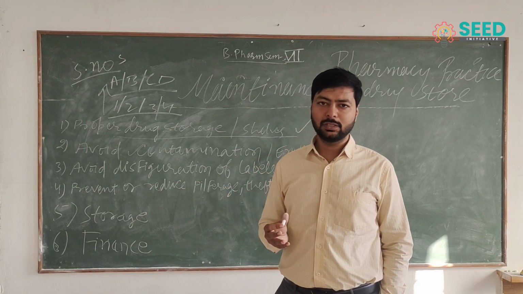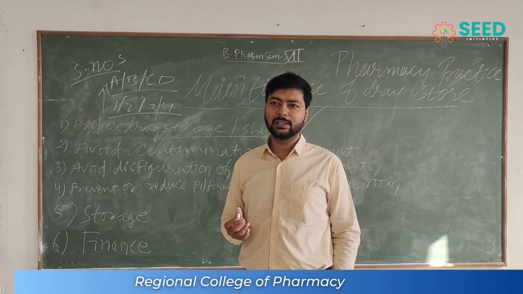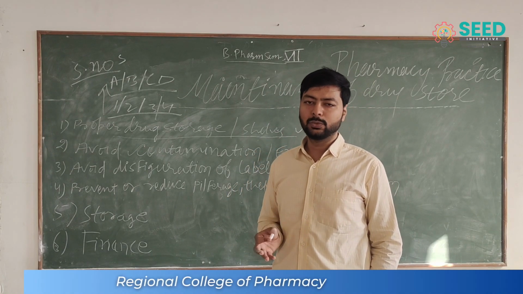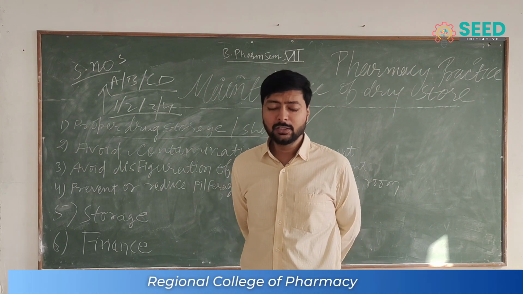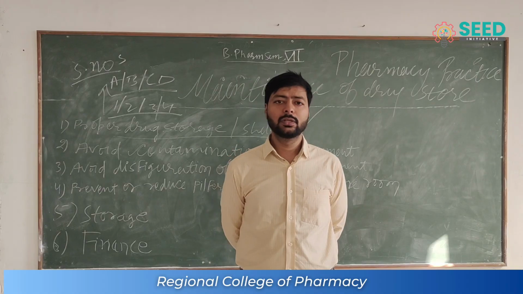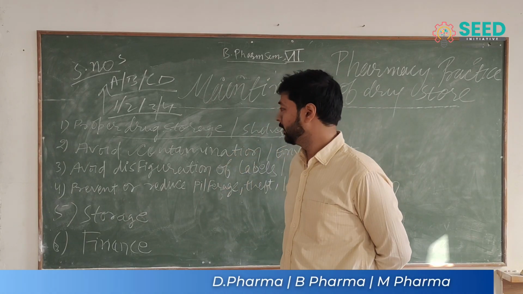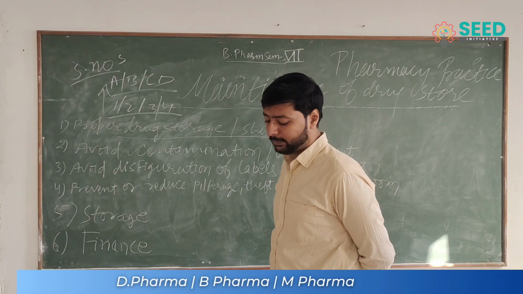Means in a fridge a product will be stored, at 5 degree, 10 degree, 8 degree, 2 degrees. So injections and vials are also to be stored at a maintained temperature. So this is the proper drug storage.